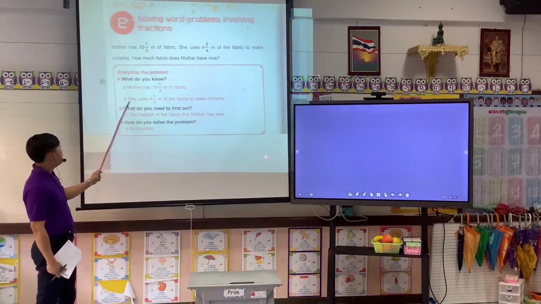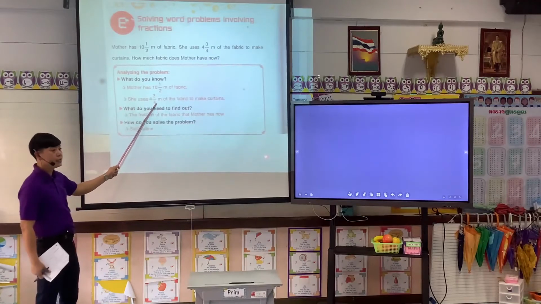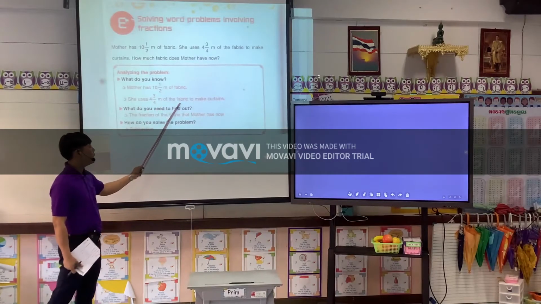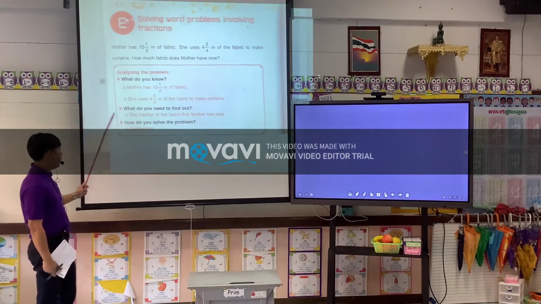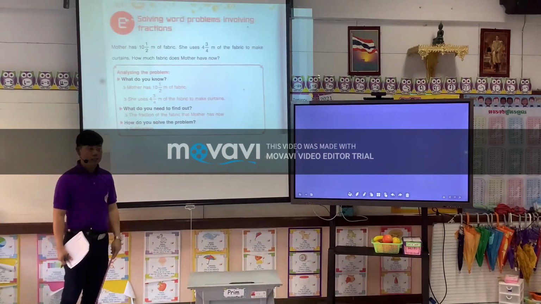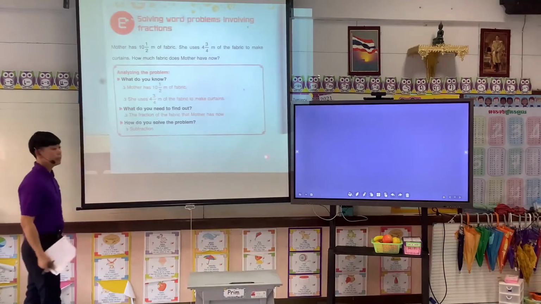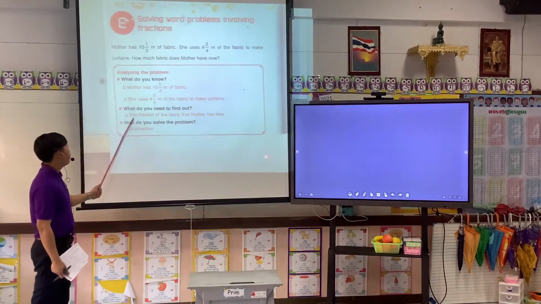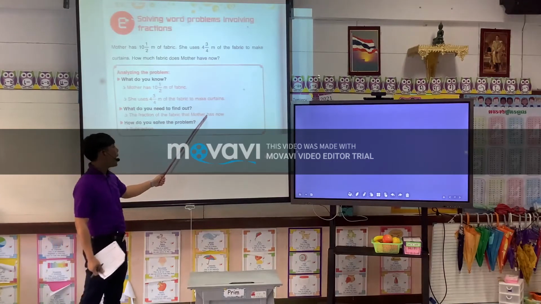She uses 4 3/4 meters of the fabric to make curtains. So what do you need to find out? The amount of fabric that mother has now.